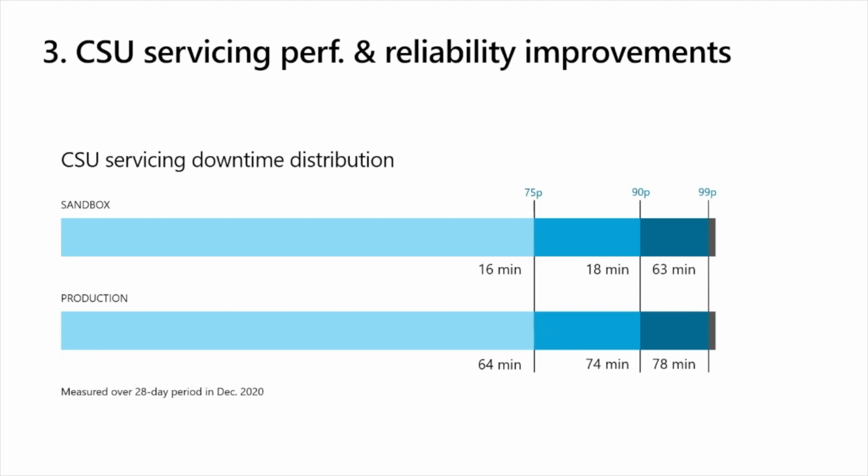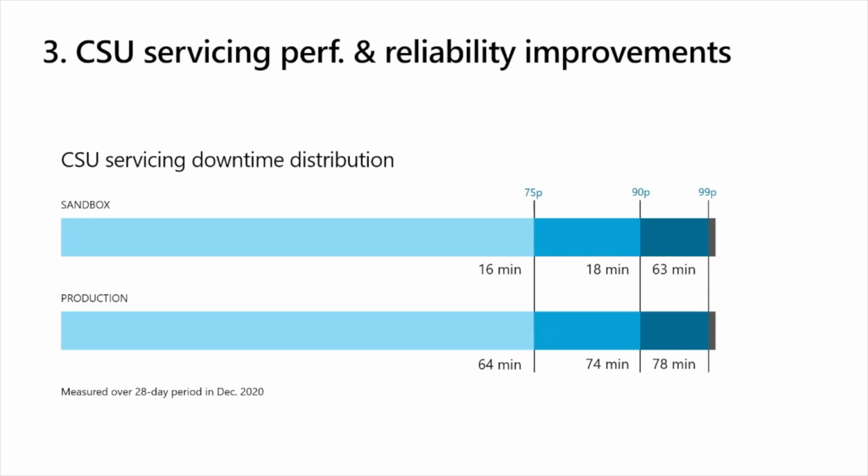The second thing we've done is that our execution engine for CSU deployments was running into some reliability challenges. So we overhauled the execution engine and used a much more scalable and much more reliable piece of infrastructure. We see far fewer instances of really complex deployments timing out or running into error conditions.